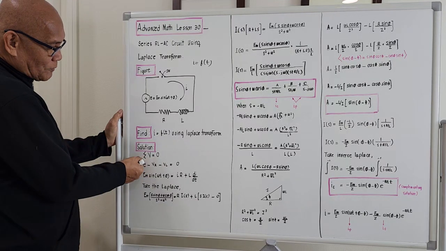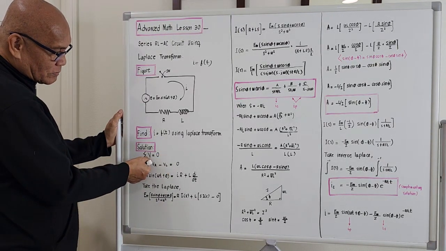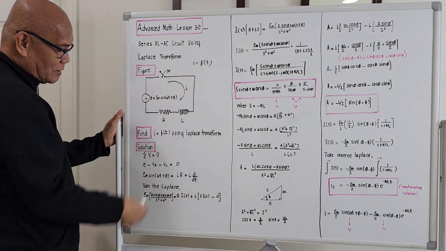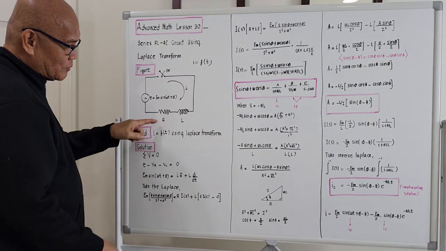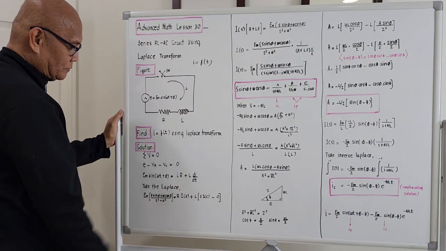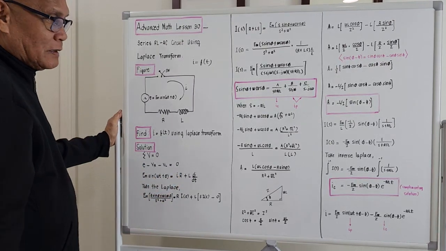We take the summation of voltages, and it should be equal to zero after closing the switch. So plus E minus V sub R minus V sub L equals 0.